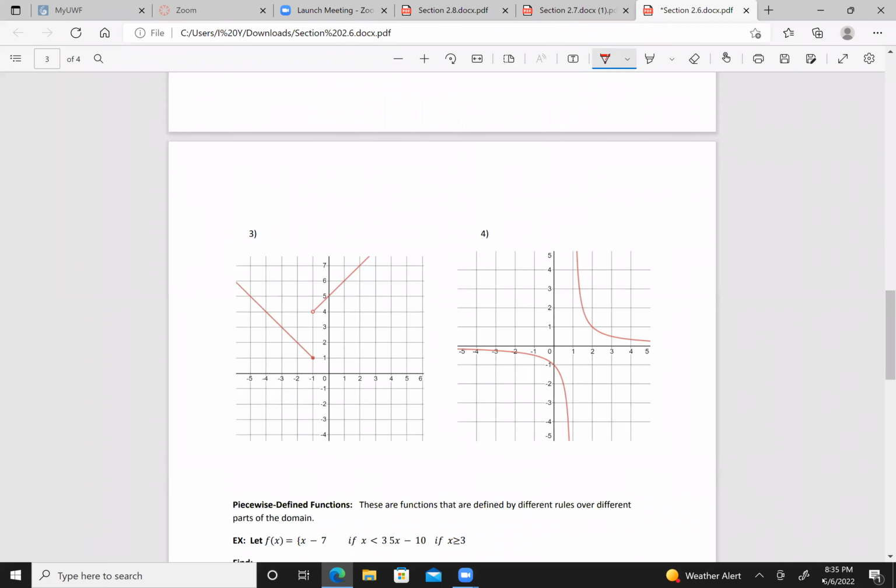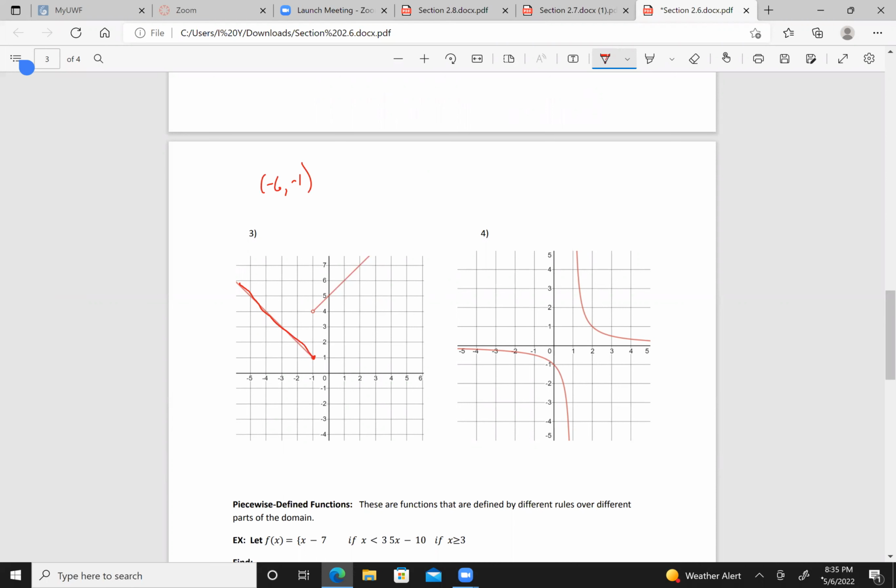Okay, so let's look at this one here. I can go this way. Keep going, keep going, keep going. Here, and it stops. I have to pick up my pencil. So I started at -6, and I go to -1, and it's continuous.